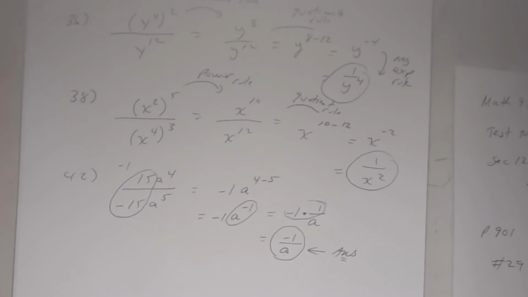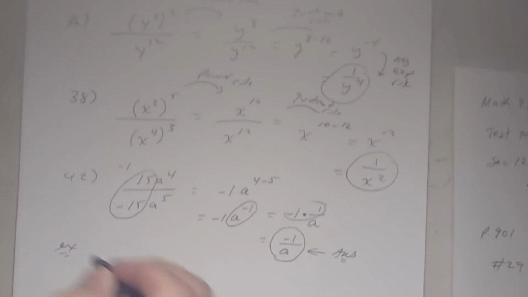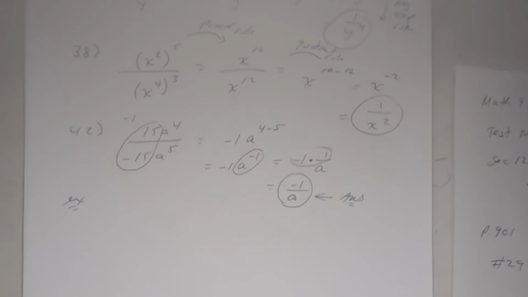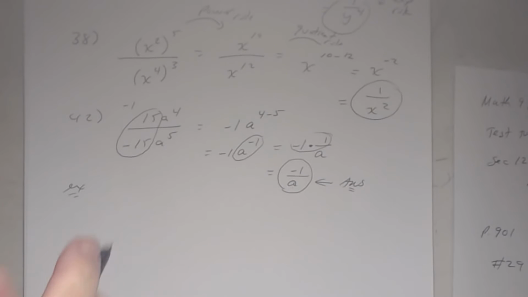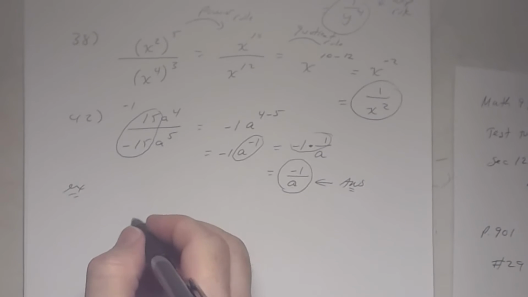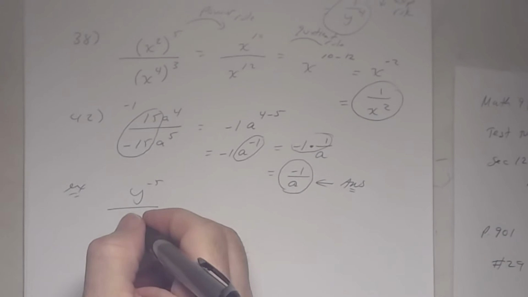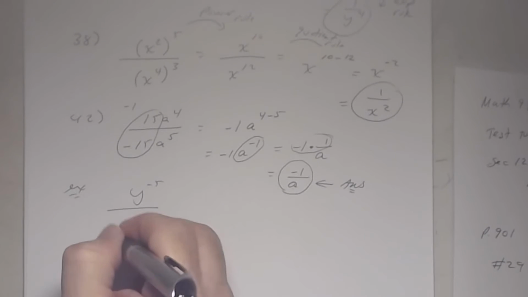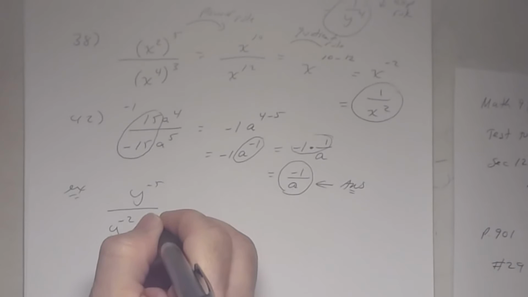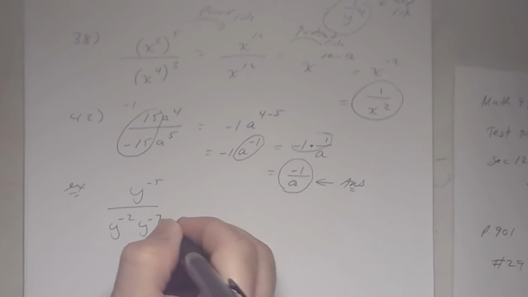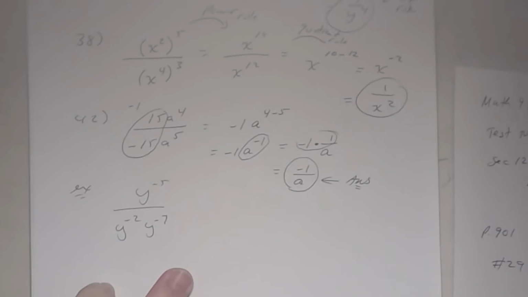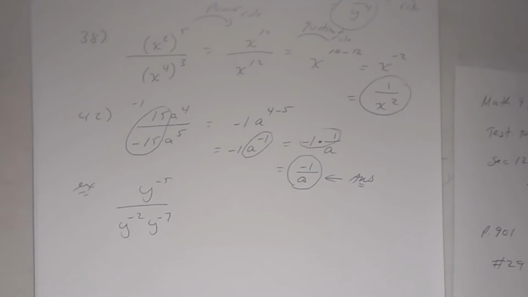All right, let's look at this one. I'll write this example. Now let's do this, just put this in as an example. Suppose we had y to the negative 5th divided by y to the negative 2nd times y to the negative 7th. All right.